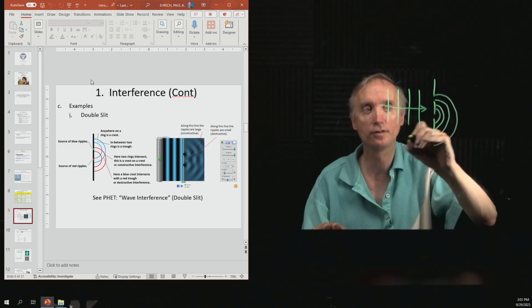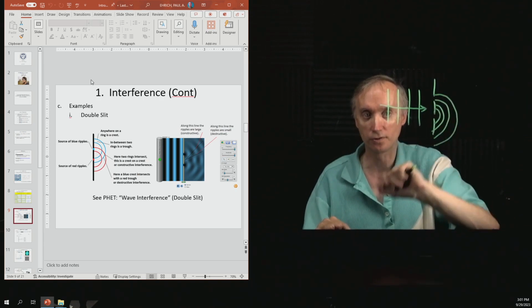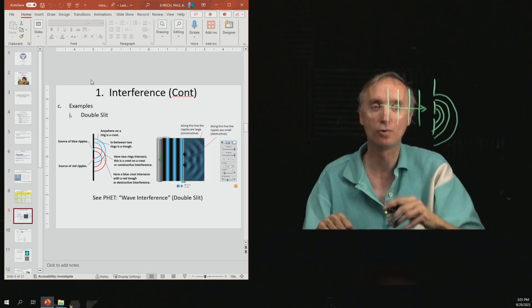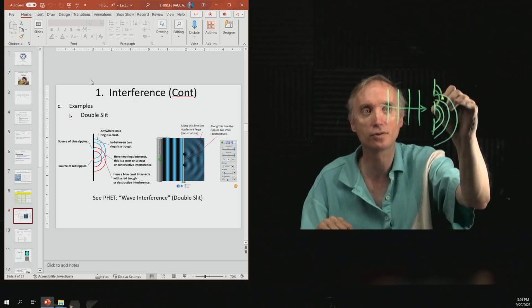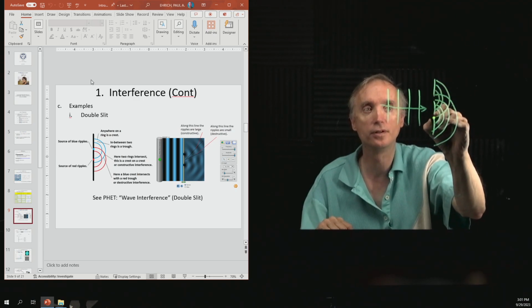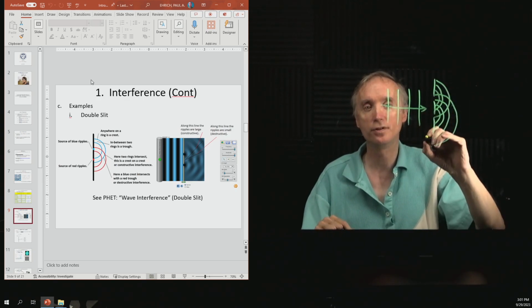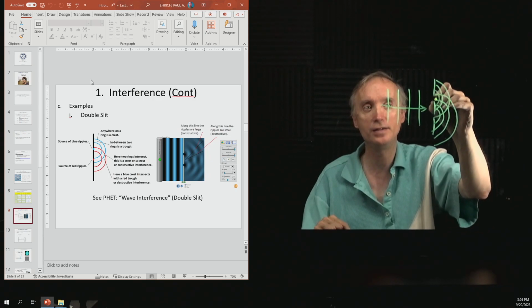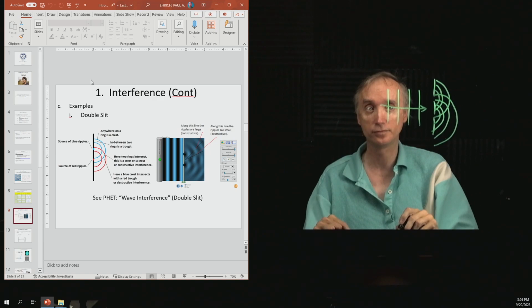Now later we're going to find out why those ripples are circles. Just don't worry about that. And then this one is also going to make circles when it goes through it. All right, and then what we want to know is at certain places over here, is it going to be constructive or destructive?